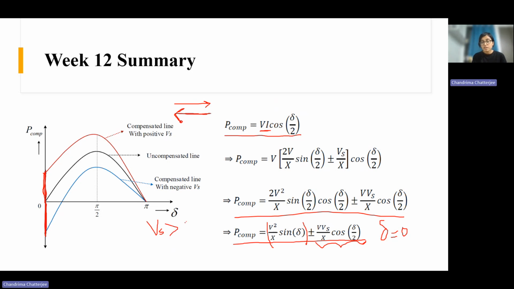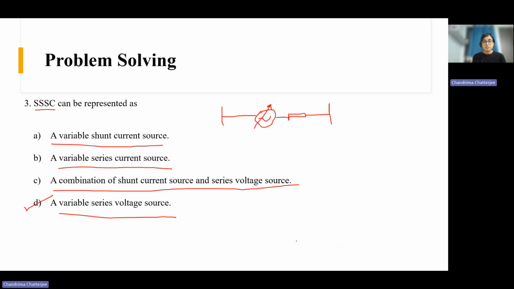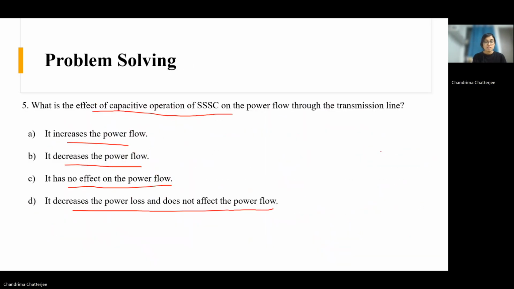Obviously you can understand that the power is more; if the line was uncompensated, this was the power. So if Vs is positive, the power flow increases, because this term is added to the usual term. That's why it increases the power flow. Option A is correct.